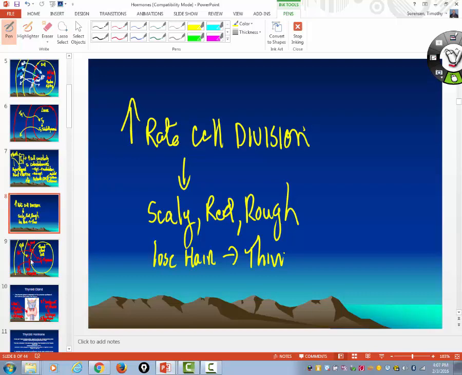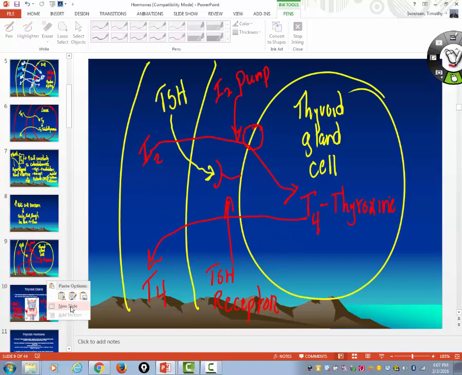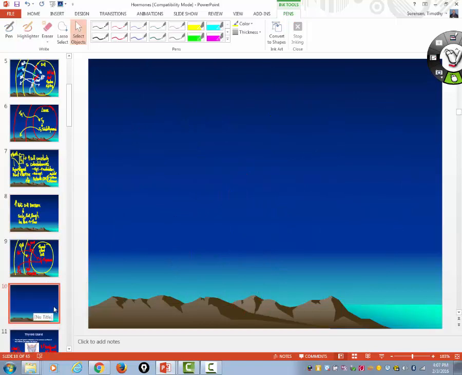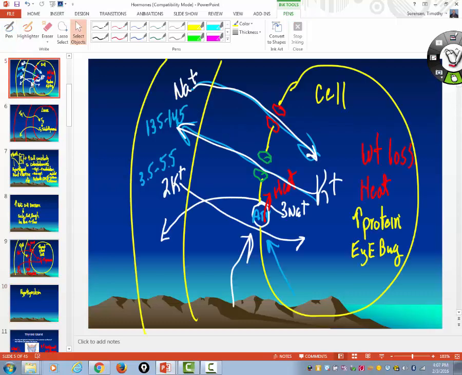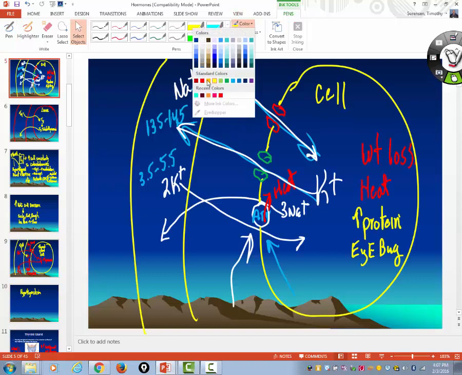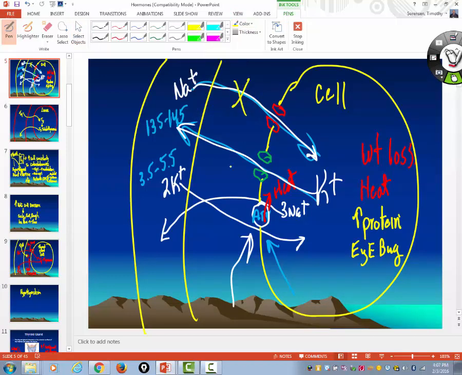So if you look at the signs of hypothyroidism, low levels of thyroid, well, it's pretty much the opposite of hyper. I mean, go figure. Let's go back. In hypothyroidism, the cells of the body become less leaky to sodium and potassium.